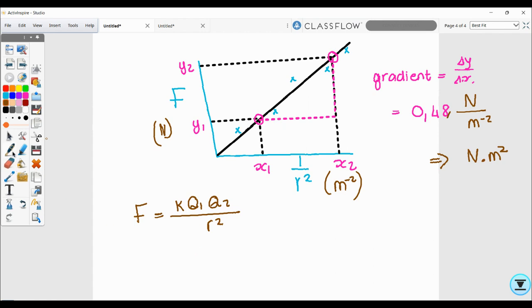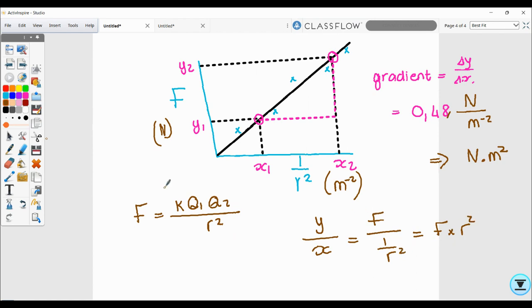Now you go and tell yourself, what did I plot on the y-axis? Because remember the gradient is y over x. What did I plot on the x-axis? What did I plot on y? F. What did I plot on the x-axis? 1 over r squared. So this gives me F times r squared.